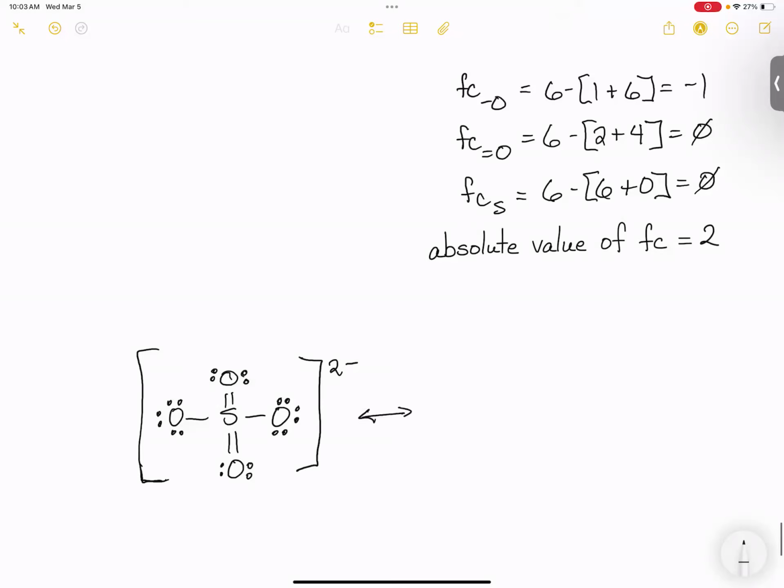So therefore, it is a resonance structure. Where the top and bottom is single bonded and the right and left is double bonded. And so this is the structure you would write for sulfate.